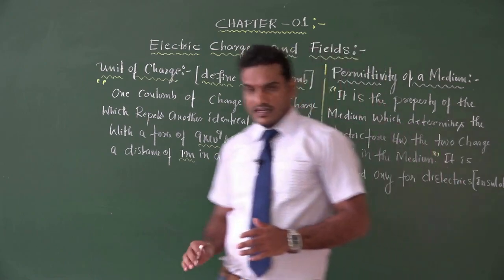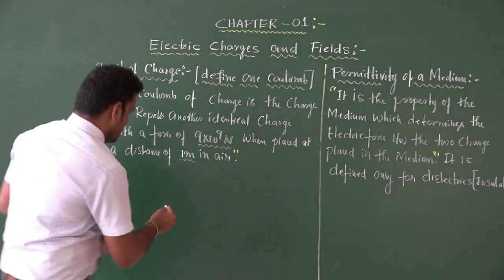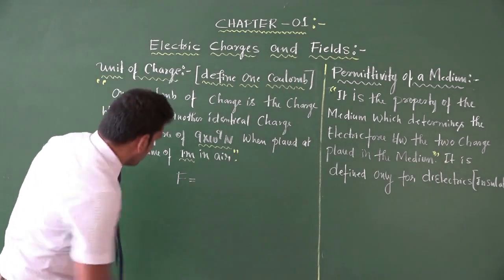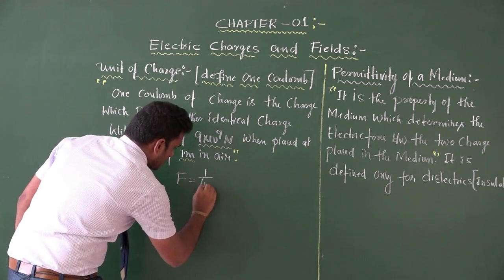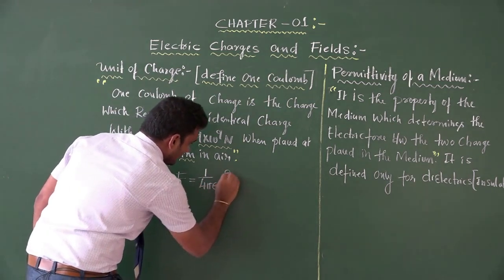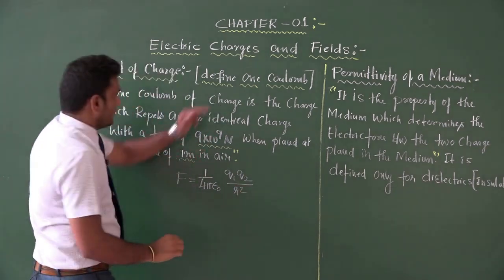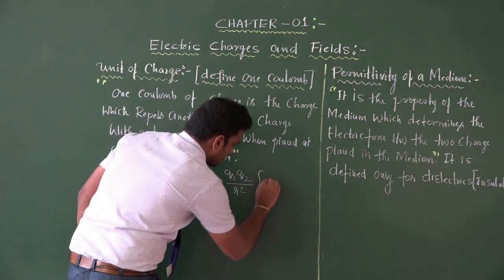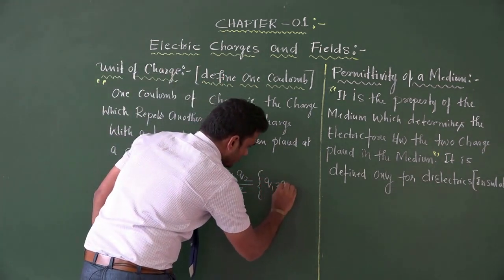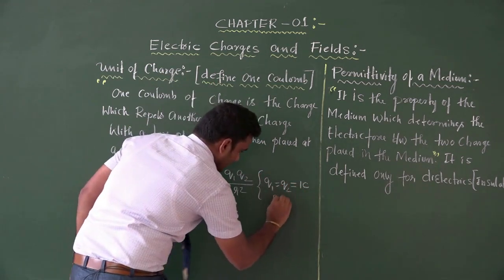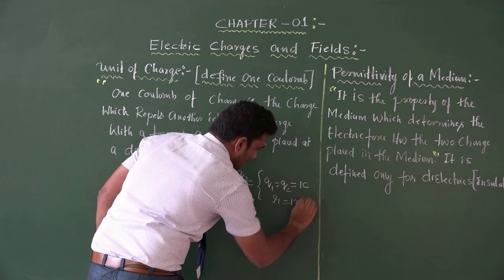So it can be understood by using Coulomb's law equation, that is F is equal to 1 over 4 pi epsilon naught Q1 Q2 divided by R square. So we need to define 1 coulomb. Suppose the magnitude of both the charges, Q1 and Q2, is equal to 1 coulomb, then the distance between them is 1 meter.